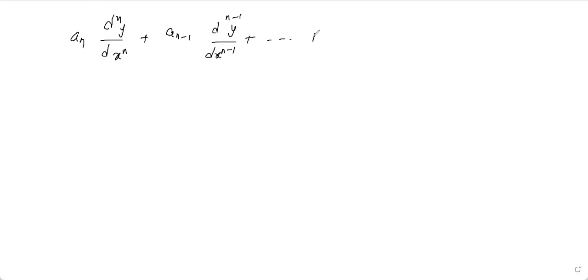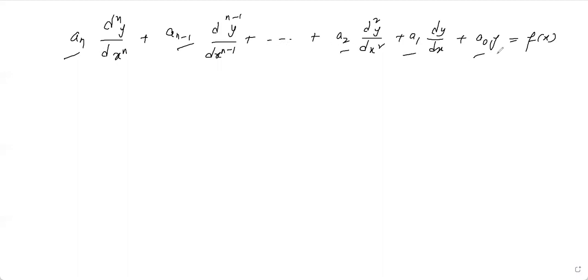and so on, up to a2 d square y by dx square plus a1 dy by dx plus a naught y is equal to f of x, where a_(n-1), a2, a1, a naught and the function f of x are constants or functions of x only.